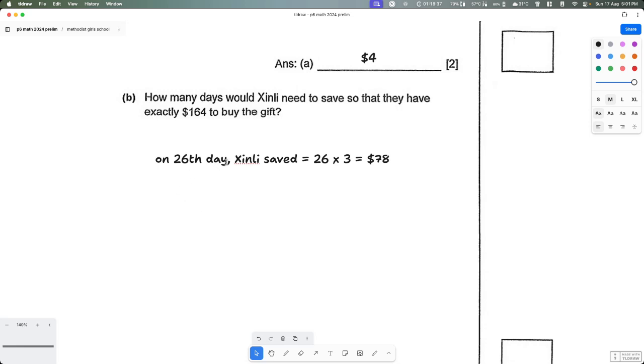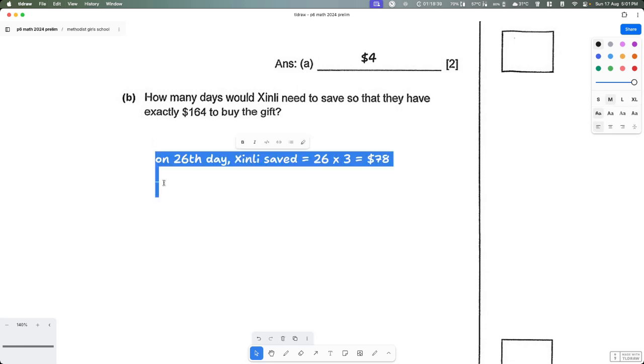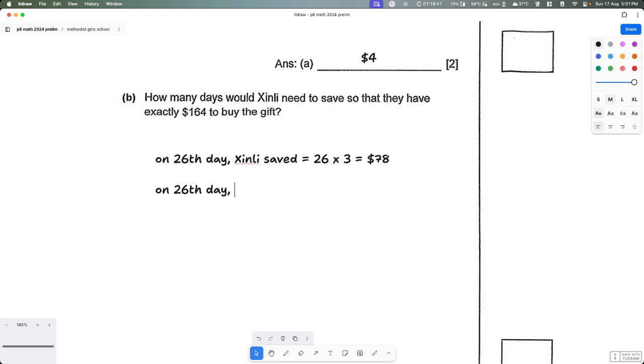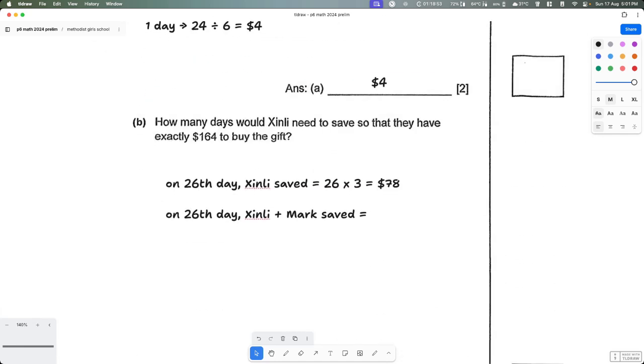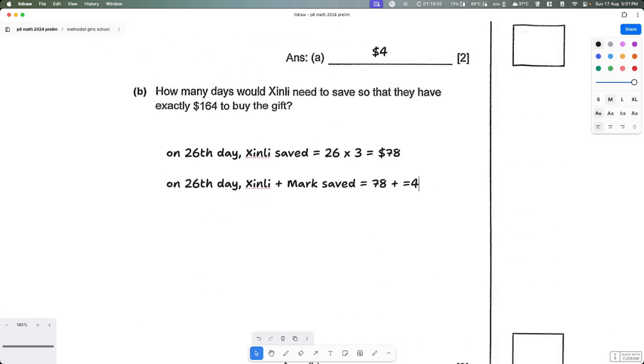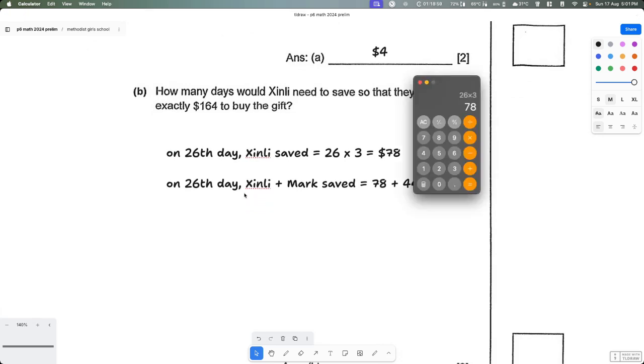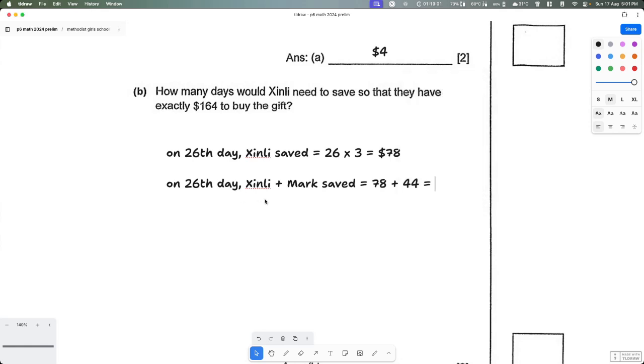So on the 26th day, Sin Lee and Mark saved 78 plus 44. This will equal $122.